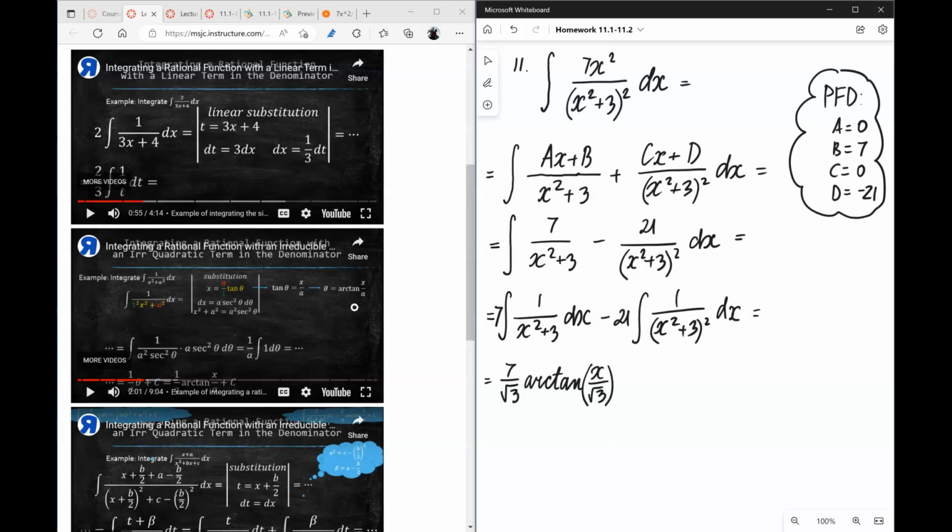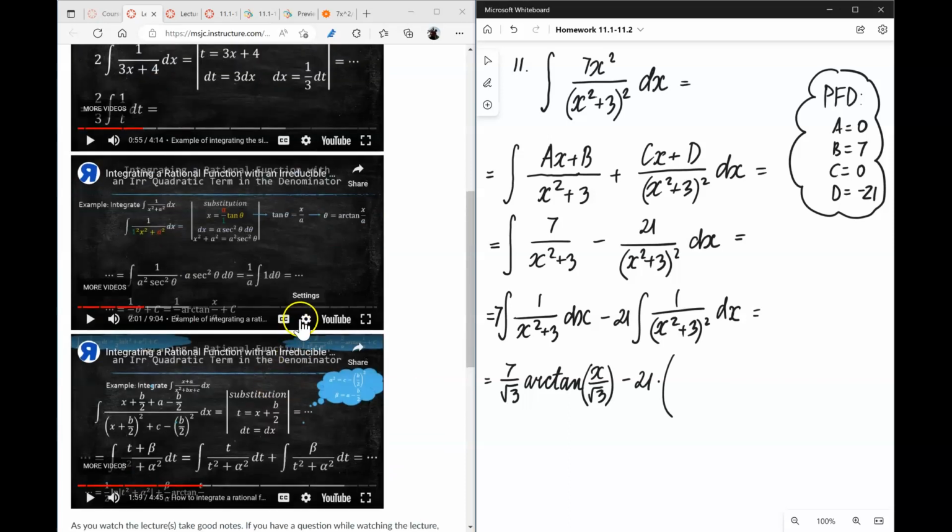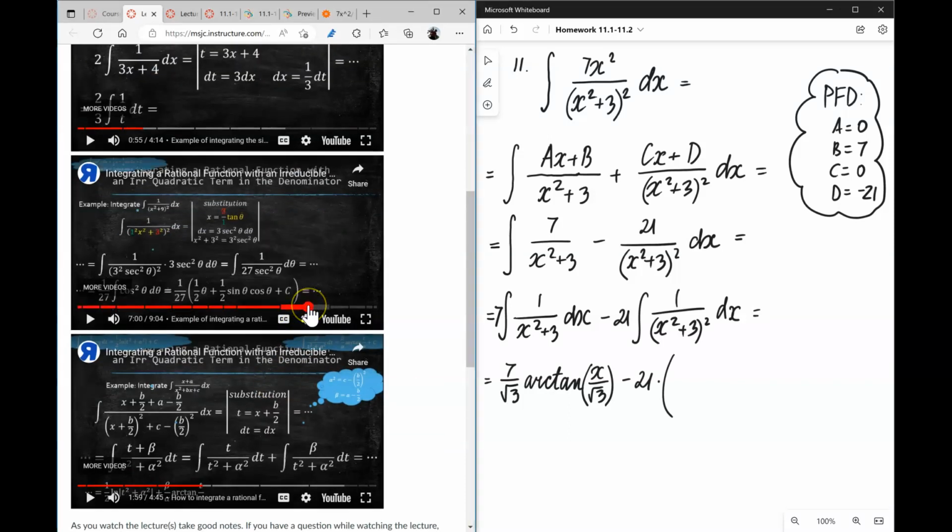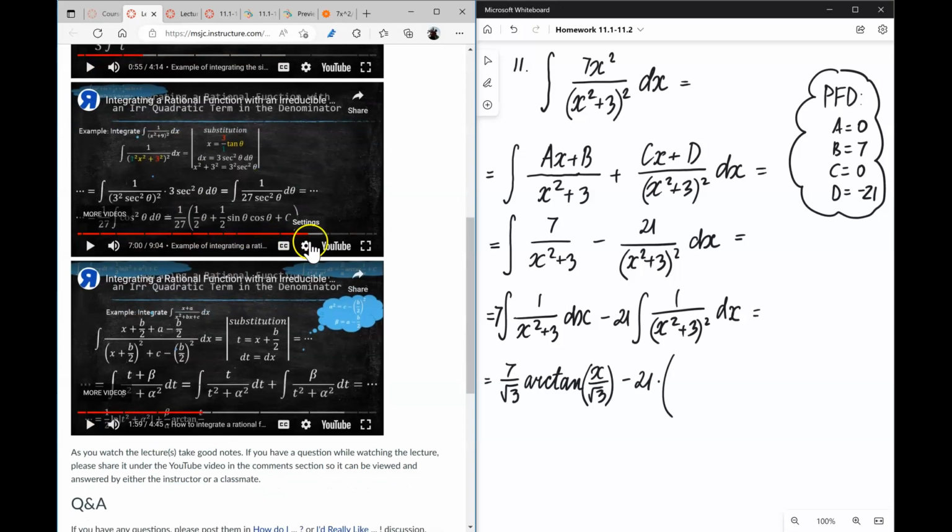That's the first one. Second one is 21 times, and what goes here is determined by the process, which is very similar to this problem, except instead of 3, we have square root of 3. But we can follow this solution.